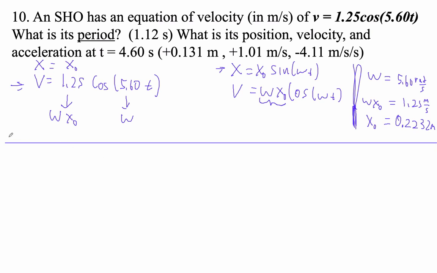Now you have to make sure that you are in radians. Make sure your calculator's in radians. Go hit the mode button. Are you in radians or not? All right, I am in radians. So my x is going to be x naught sine omega t. That equals 0.2232 times sine of 5.6 times 4.6 seconds.